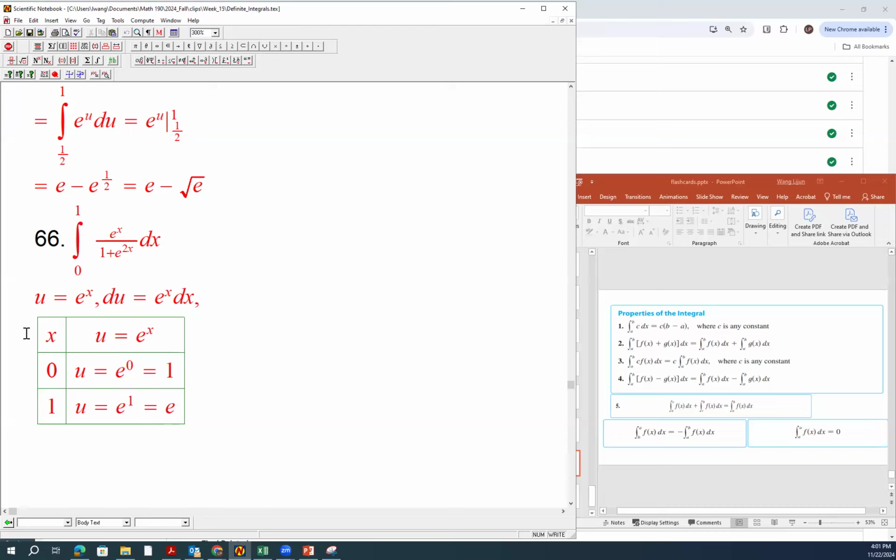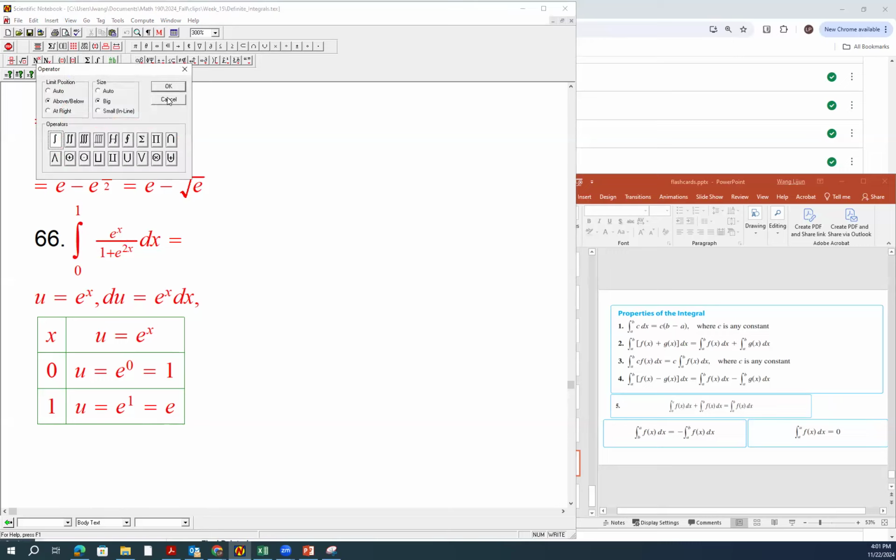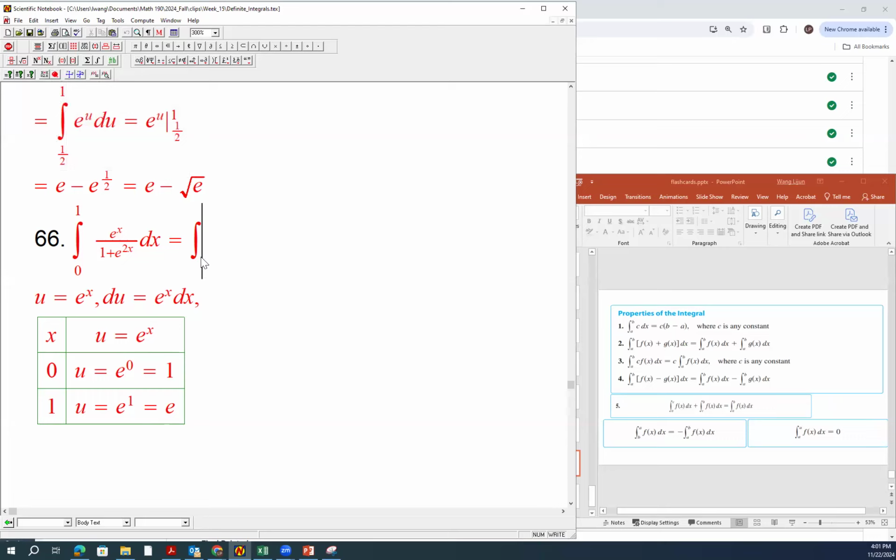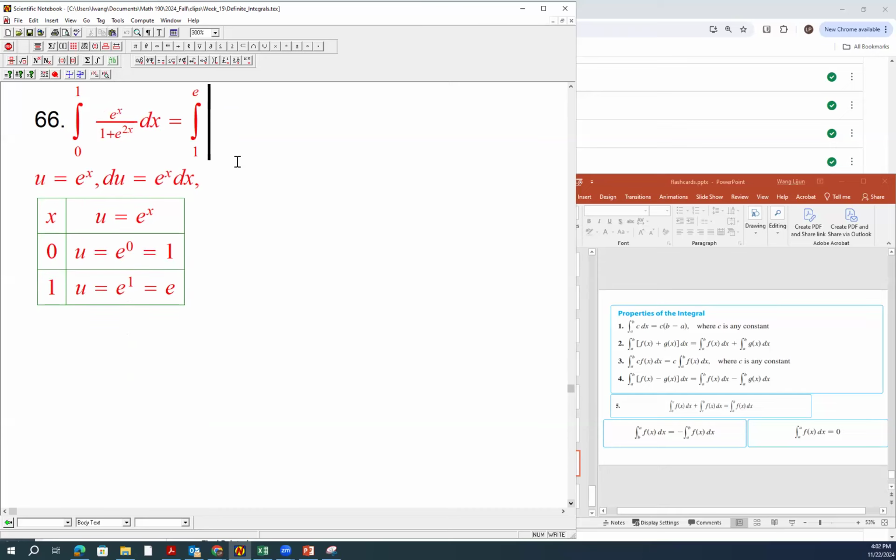So let's do the change 1, 2, 3. We can actually do it here, why not, right? So change 1, 2, 3. Lower limit now is 1. Upper limit is e. And e to the power x times dx, that's du.